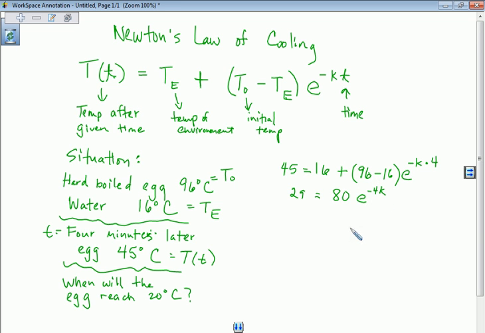Now what do we do? We subtract the 16, and then take the natural log of both sides.